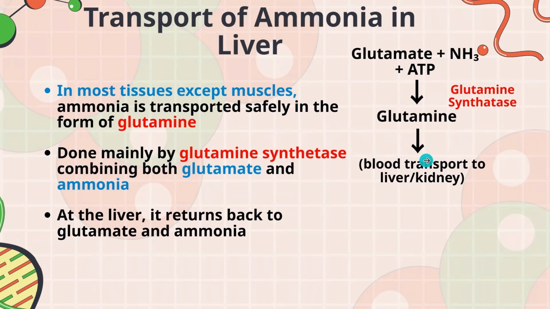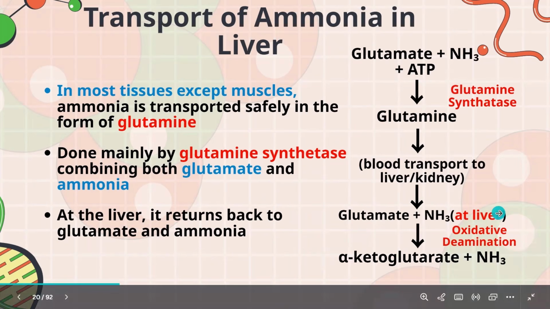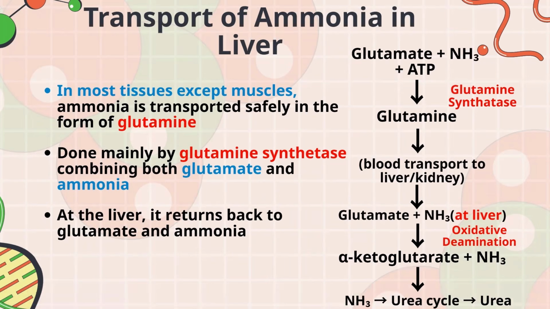If you remember the glucose alanine cycle, it will then break down and release glutamate and ammonia at the liver. Then glutamate is going to undergo oxidative deamination to form alpha ketoglutarate and ammonia. And finally, NH3 is going to undergo the urea cycle to become urea.